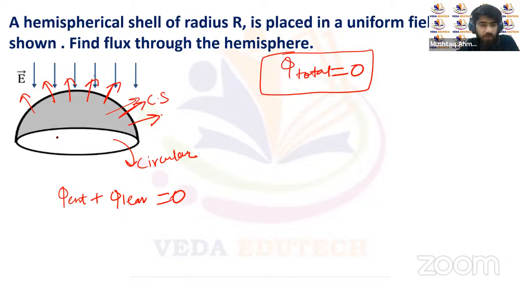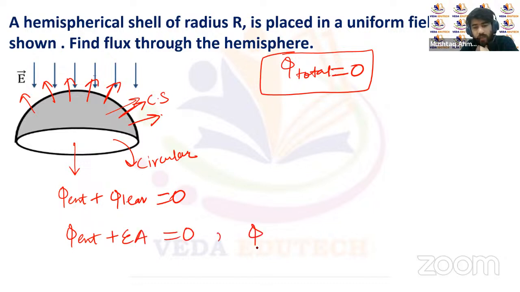But we have to calculate the flux through the circular portion also. If we calculate the flux through the circular portion, the direction of this area vector will be along the direction of the electric field vector. So the flux through the circular portion will be the flux leaving, that will be electric field multiplied with the area. Flux entering plus flux leaving has to be equal to zero.